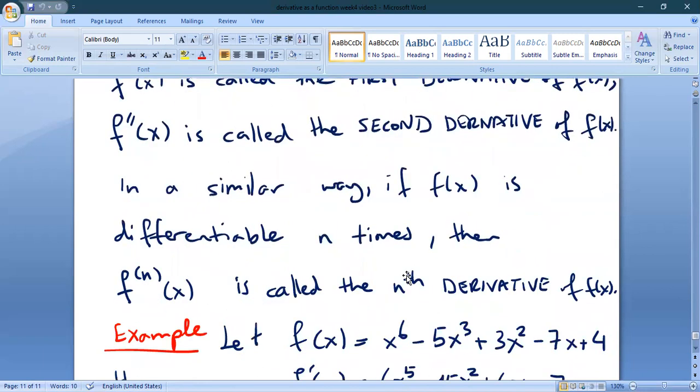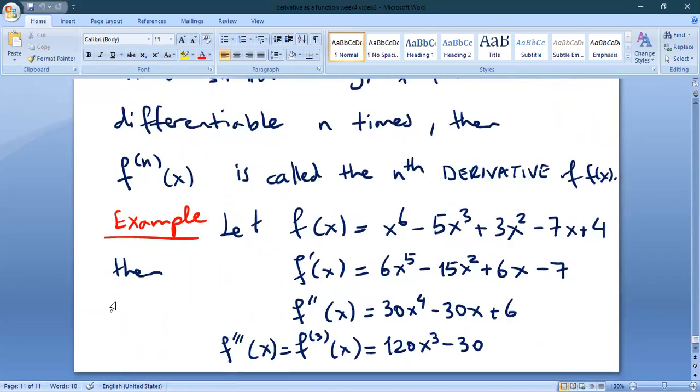In a similar way, if f is differentiable n times, then the nth derivative of f is denoted like this: f with superscript in parentheses n of x. That only means the nth derivative of f. So here is an example.